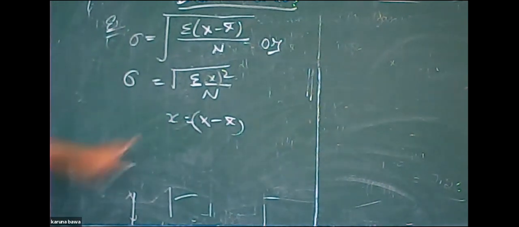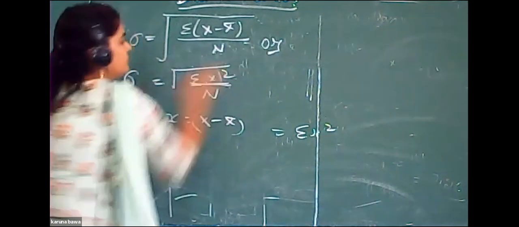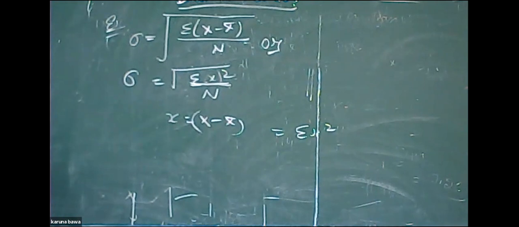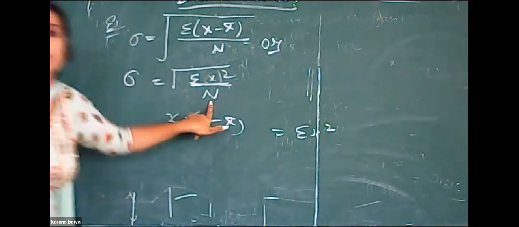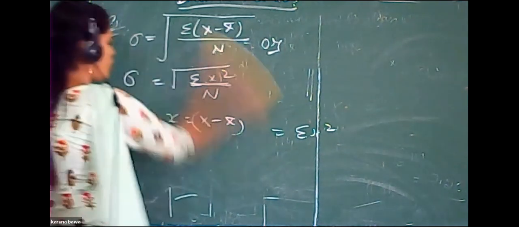Then square these deviations to obtain the total, summation x squared. Then divide summation x squared by the total number of items, n, and take the square root of it. This is the formula, and now we find out the individual series with the help of an example.